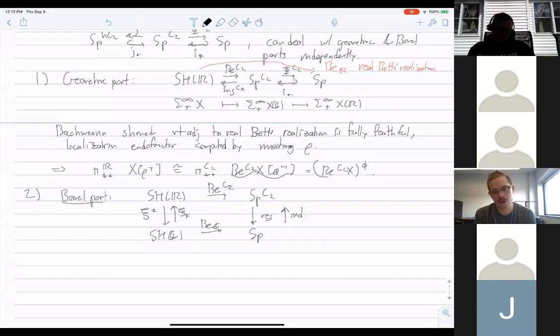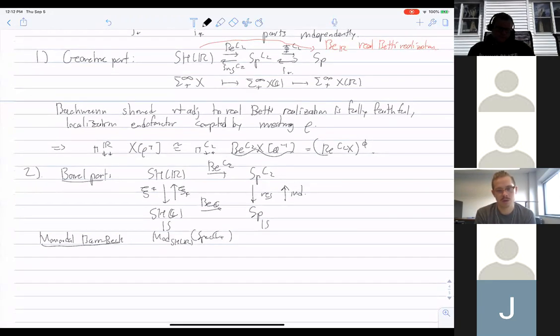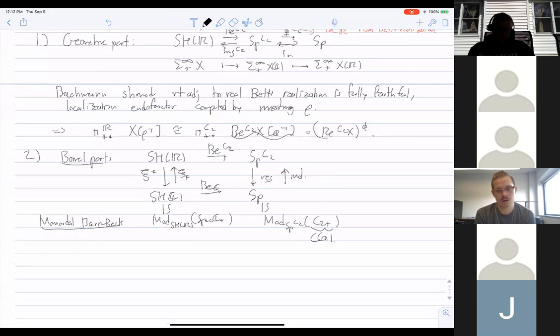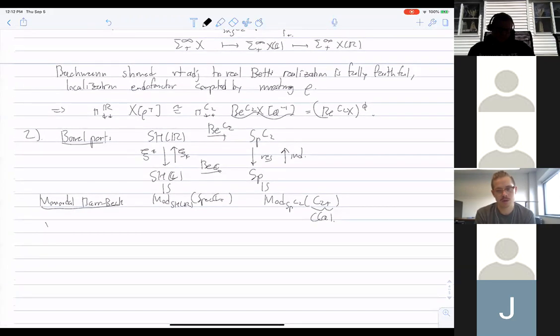And again, via using that monoidal Barr–Beck theorem, I get that SHC is equivalent to modules taken in SHR over spec C plus viewed as a real motivic spectrum. And likewise, spectra is modules taken in C2 spectra over C2 plus, where C2 plus, again, is the cofiber of the Euler class a. Now, let me warn you that spec C plus is not cellular.